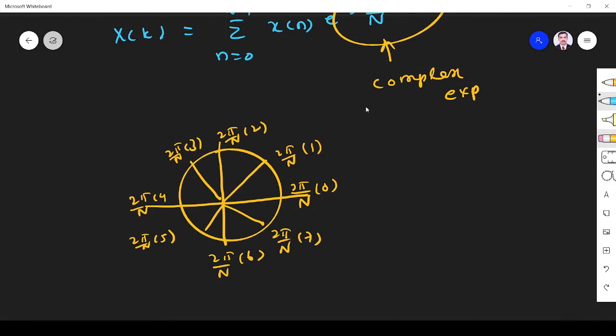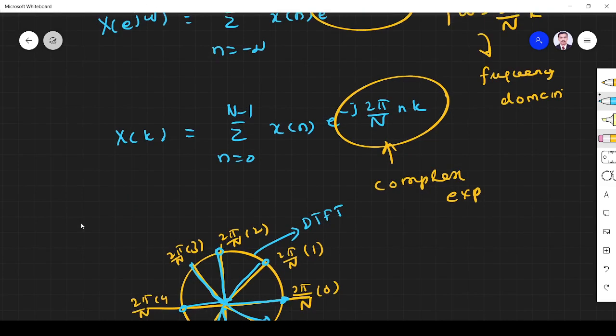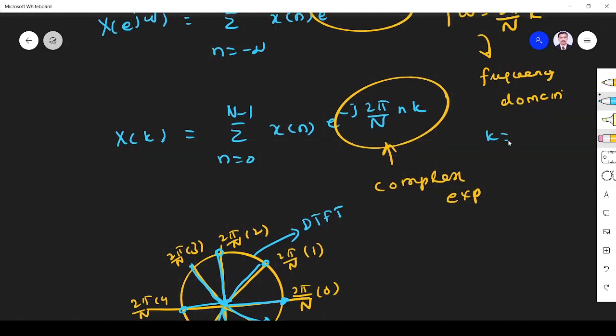Let us take an N point DFT. We know that. If this circle is the spectrum of DTFT, then instead of that, in DFT, if it is an 8 point DFT, we take only these points, this one, this one, this one, right? That's why you see k has a value from 0 to N minus 1. So it is discrete.